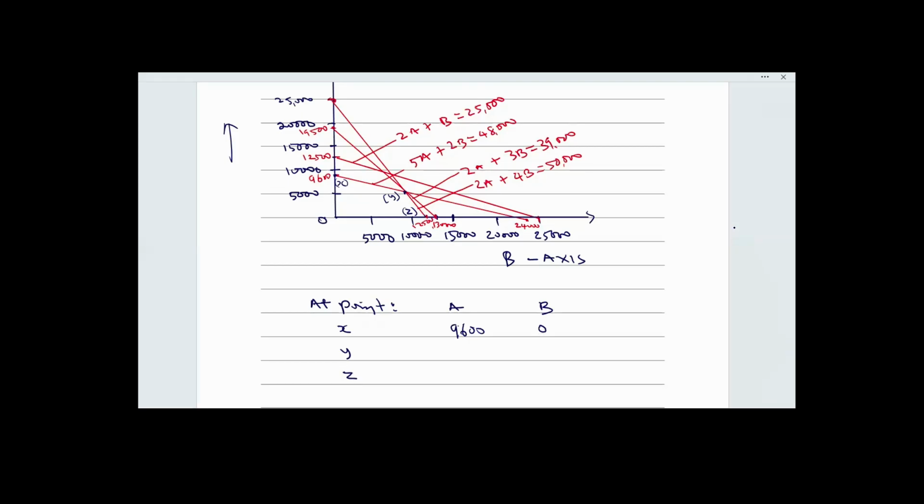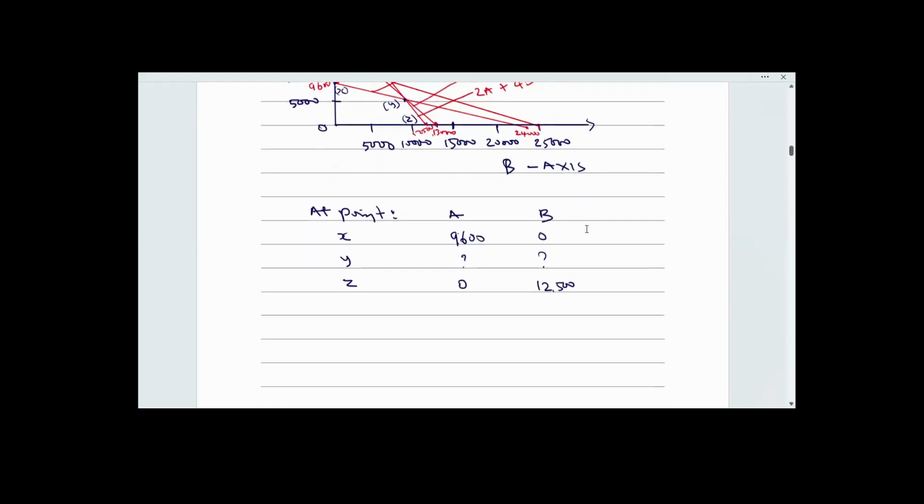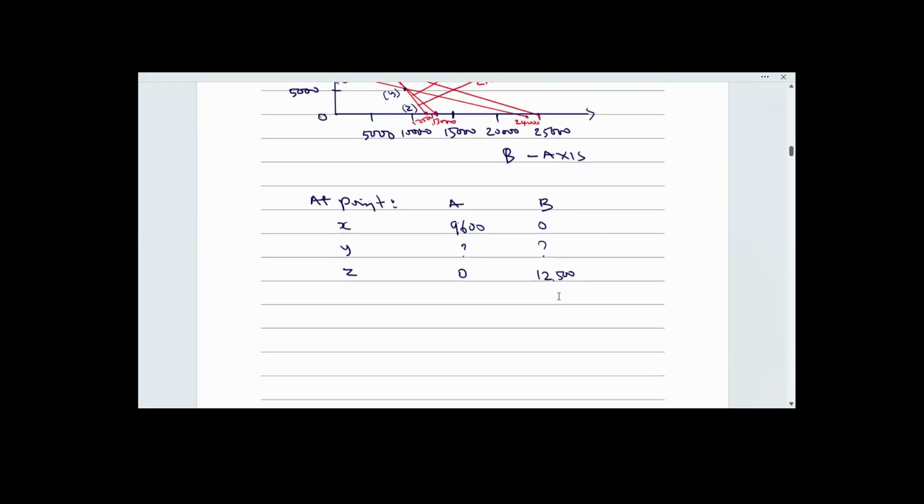Then at point Y, we cannot determine the value of A and B because we have to use simultaneous equations since we do not have graph sheets. So we'll come back to this one later. Then at point Z, the value of A equals 0, B equals 12,500.